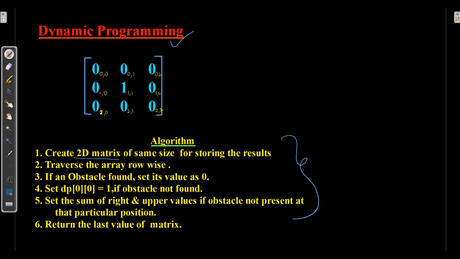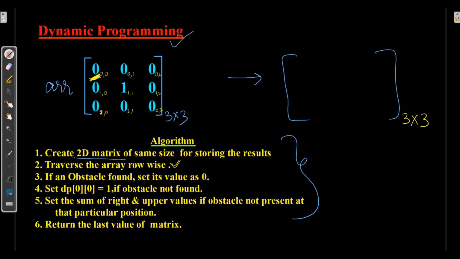First, I need to create a 2D matrix of the same size. This is 3 cross 3. I will take the same matrix 3 cross 3. Then I will traverse the array row wise. As soon as I get the value as 0, I will write over here 1.